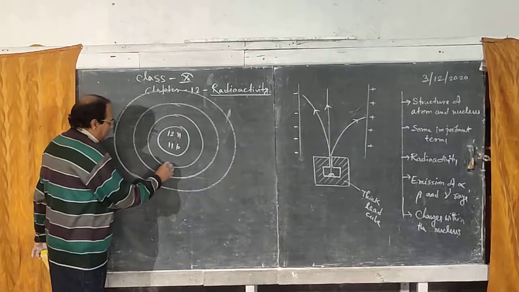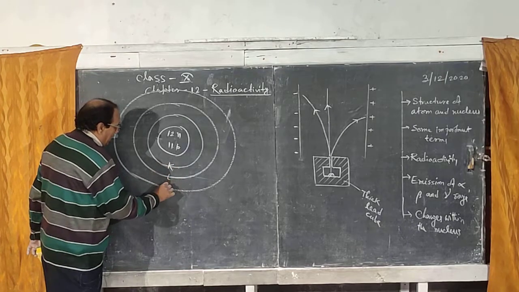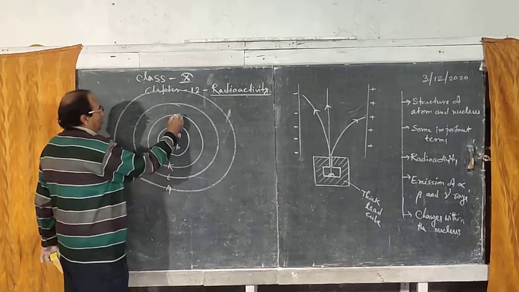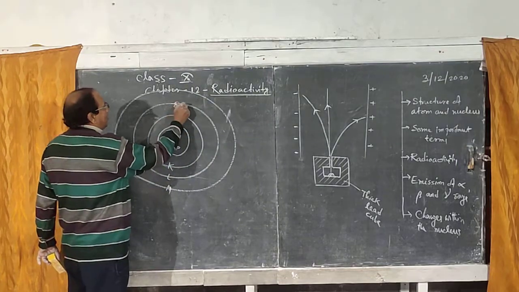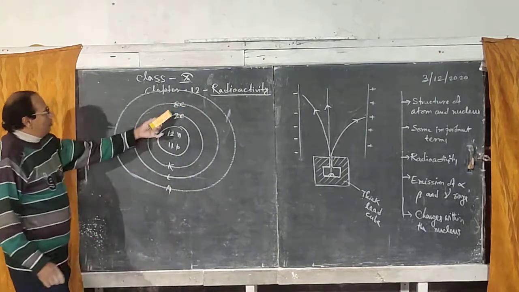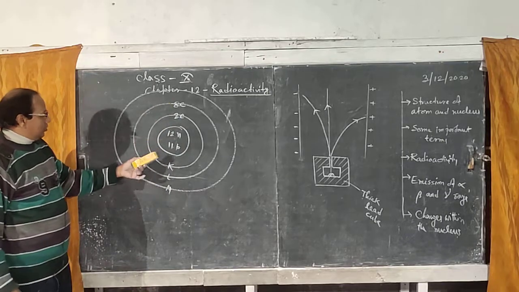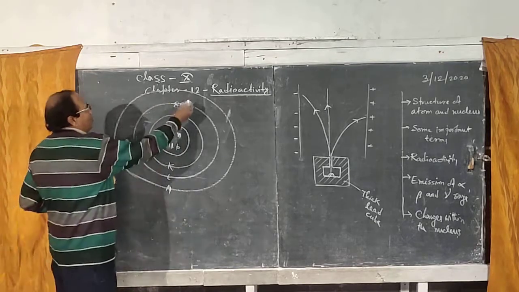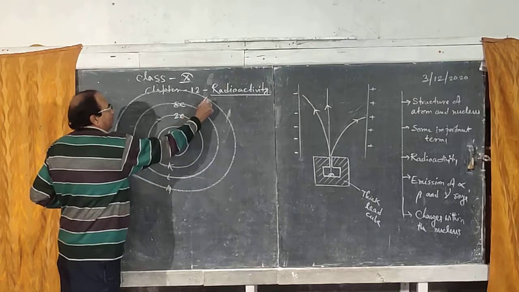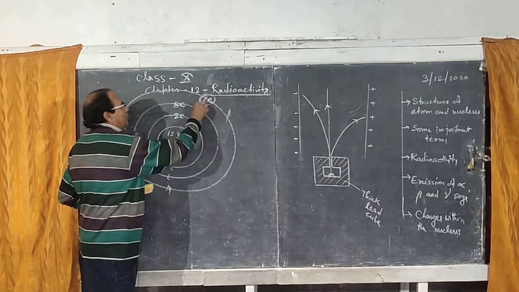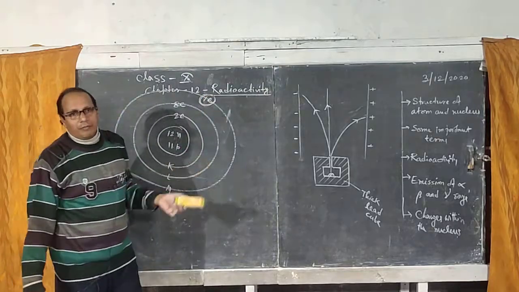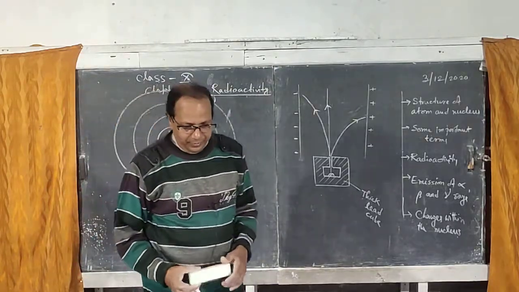As you know, in chemistry the shells are named K, L, M. So in the K shell there will be 2 electrons maximum, in the L shell there will be 8 electrons maximum. So 2 plus 8, already 10 gone. So 11 electrons are there, only 1 electron is left in the M shell, right? In chemistry we talk about this electron. This electron is called a free electron or valence electron, okay?